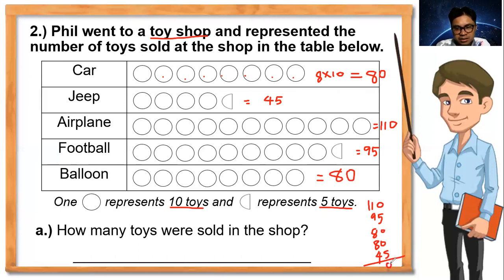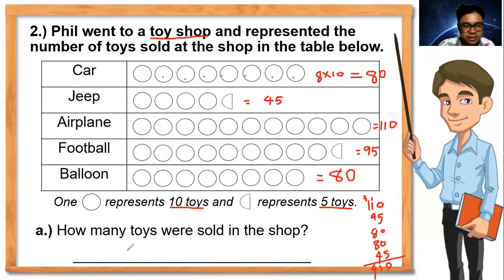So 10, carry 1, 11, 19, 27, 31. Carry 3, 4. So the answer here is 410. Checking again: 11, 10, 19, 20, 30, 31. Carry 3, 3 plus 1, 4.